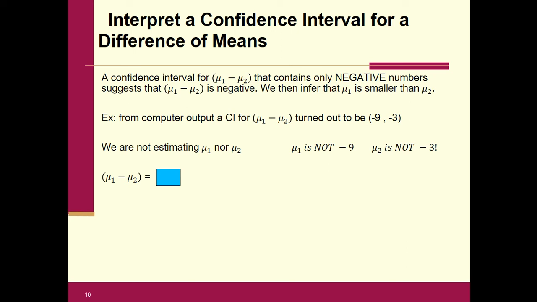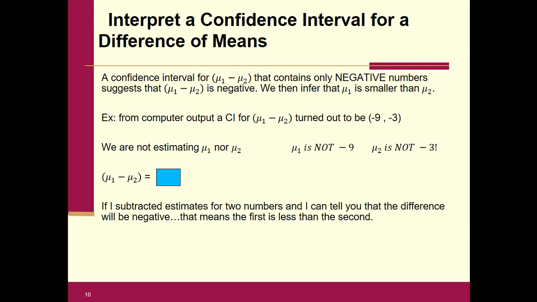But I do know that it's located between -9 and -3, and so it's going to be a negative number. And if I took two numbers, all right, and I could tell you that the difference is going to be negative, that's telling us something, okay? That's telling us that mu1 is the smaller number. Or if you will, mu2 is the larger number, okay?